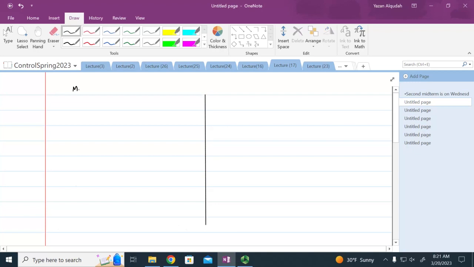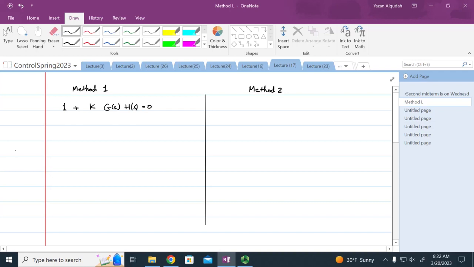The first method is we're going to say the closed loop poles satisfy this equation: 1 plus k g of s multiplied by h of s equals 0.